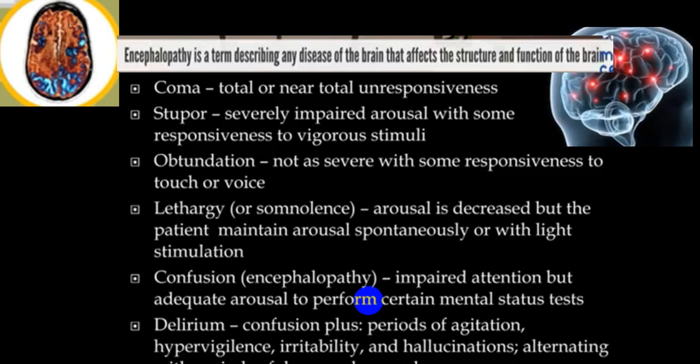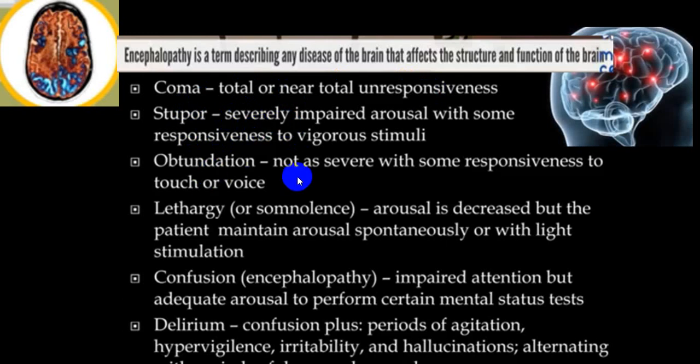And because of involvement of the brain, we call cerebrum or cerebral hemisphere, a person can have coma, that is total or near total unresponsiveness. A person may have stupor, where the person can be aroused by deep painful stimulus.